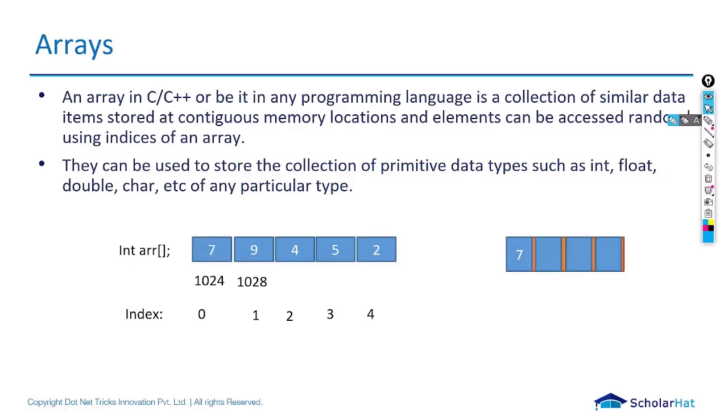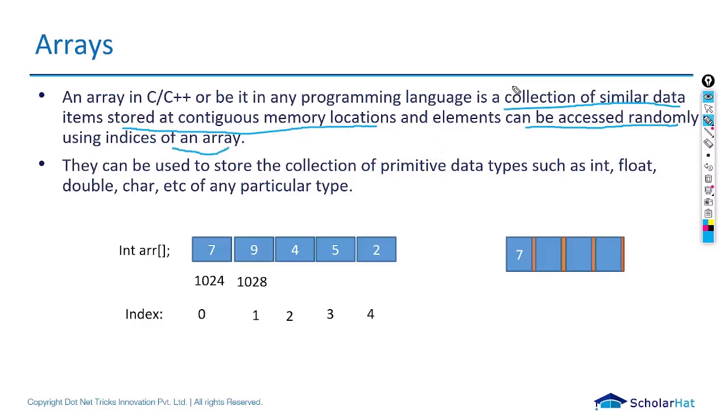Now this is how an array is defined. Let's see what every line means. An array is a collection of similar data types, stored in contiguous memory locations, and elements can be accessed randomly using indices of an array.